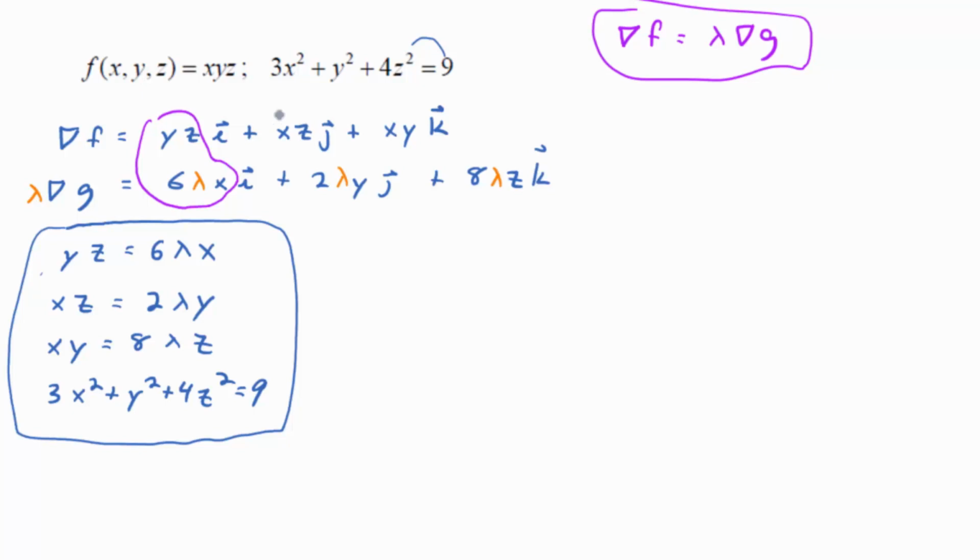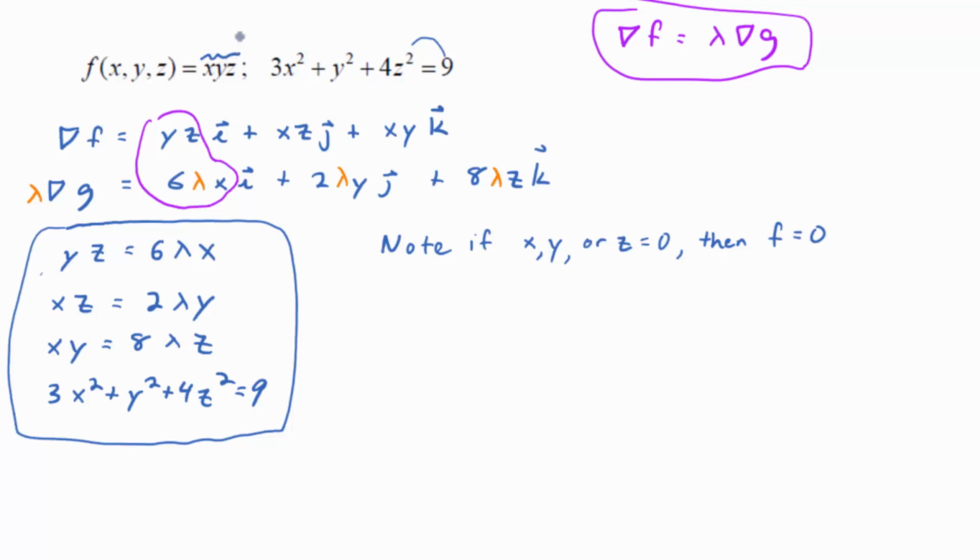I would just say something to the effect that if x, y, or z is equal to 0, what's the function value? 0. If x, y, or z equals 0, then I'm just going to put f is equal to 0, because f is x times y times z, right?